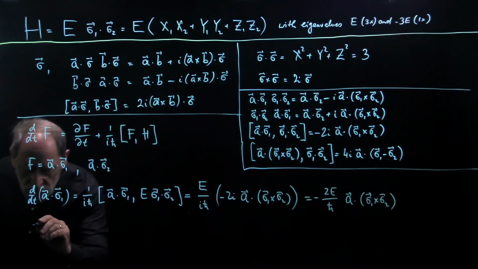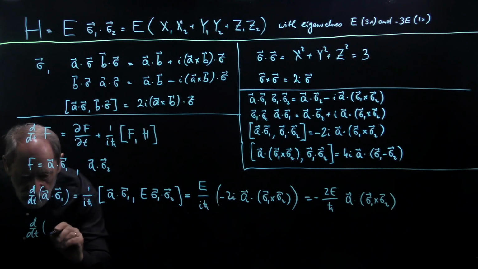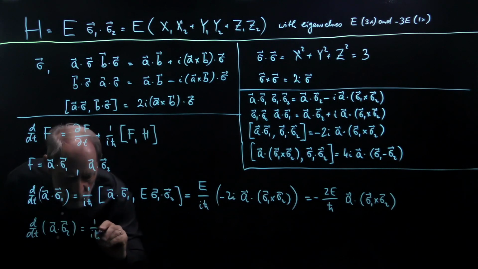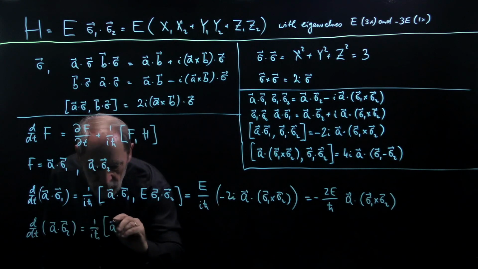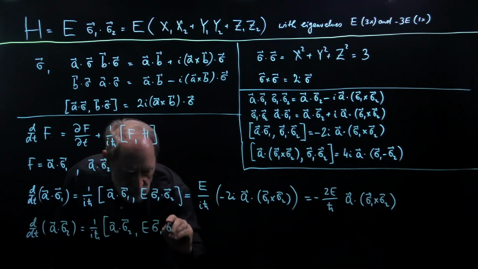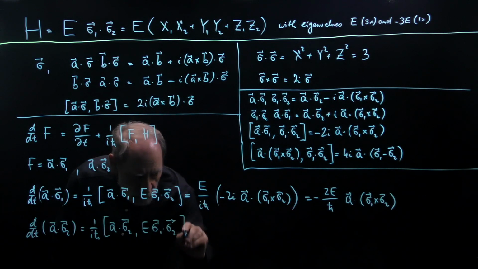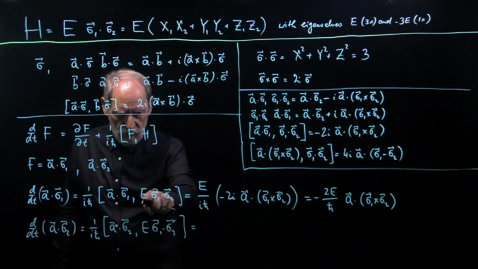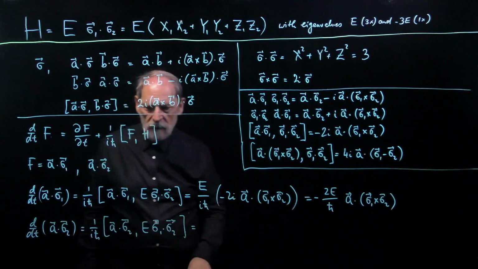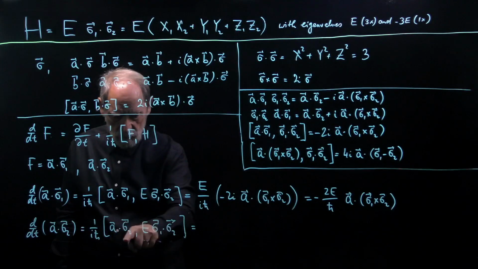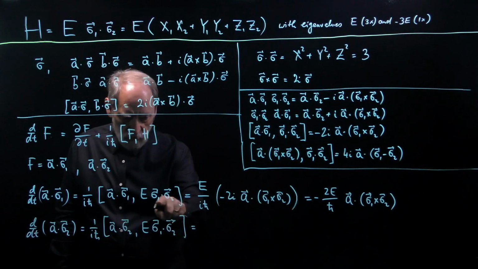Now what about the time derivative of a dot sigma 2? Again, it's 1 over i h bar, a dot sigma 2, then e sigma 1 dot sigma 2, the commutator with the Hamilton operator. And now we go from here to here by just interchanging sigma 1 and sigma 2. It changes sigma 1 to sigma 2, and here in this dot product, whether it's sigma 1 dot sigma 2 or sigma 2 dot sigma 1, that's the same.